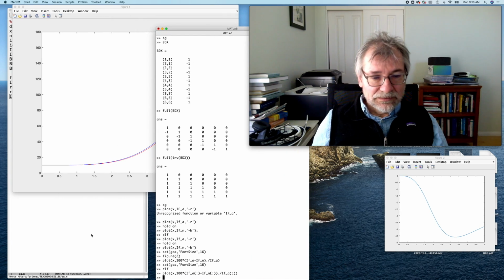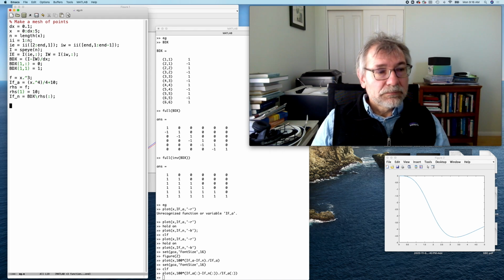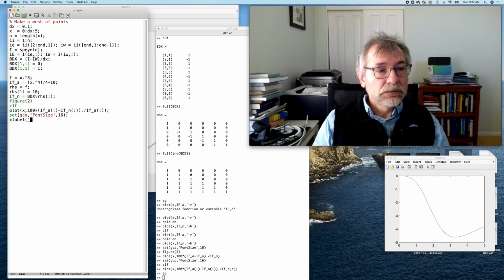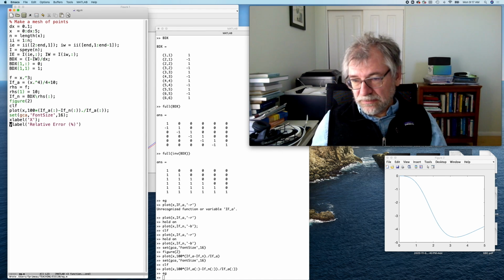So if I come back here and I plot x, 100 times IF analytical minus IF numerical dot slash IF analytical, x label x, y label relative error percent. All right, so here we have an error of around between 4 and 5%.